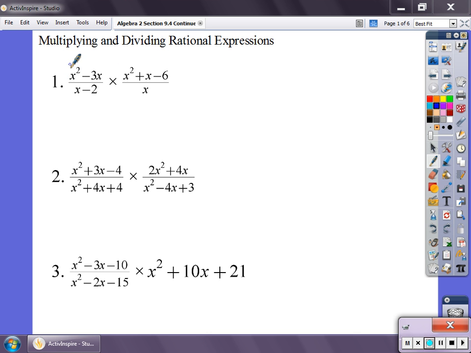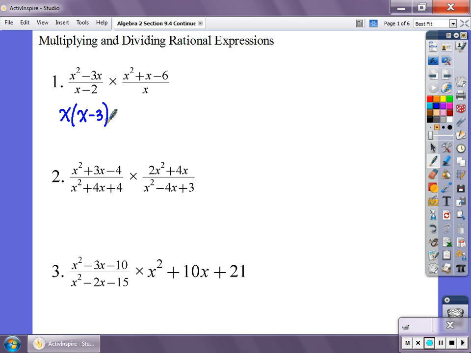And the first thing I'm looking at is the x squared minus 3x. I'm looking at a greatest common factor of x. So what comes out of here will be our x. What's left over after I, quote unquote, undistribute the x, factor that out, will be x minus 3. Over top, this does not factor.